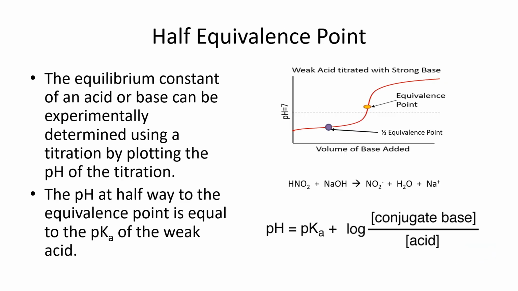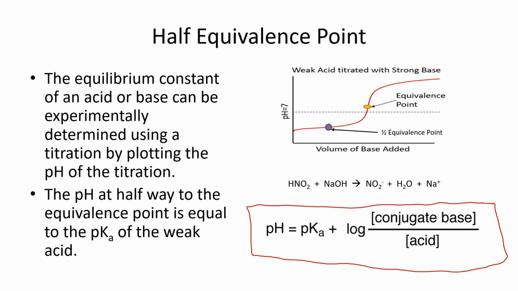The next point of interest in our titration journey here is the relationship between the process of titration and equilibrium constant. So if you remember our good old Henderson-Hasselbalch equation here, the pH is equal to the pKa plus the log of the concentration of conjugate base over acid when we're talking about a weak acid being neutralized. So there's a neat thing that happens halfway to the equivalence point.